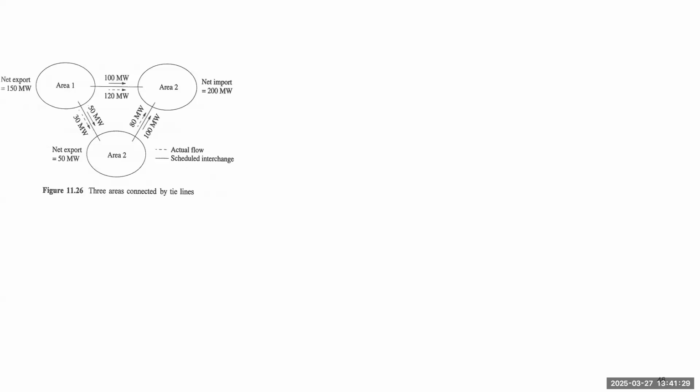Okay, so how about when we have multiple areas, more than 2 areas? Each area may have more than 1 tie line with neighbors. So when you design the ACE, you need to include the frequency deviation and also some tie lines you want to schedule.